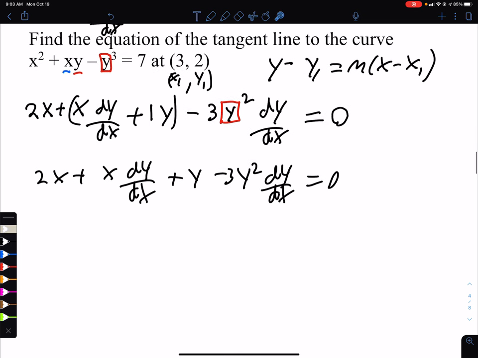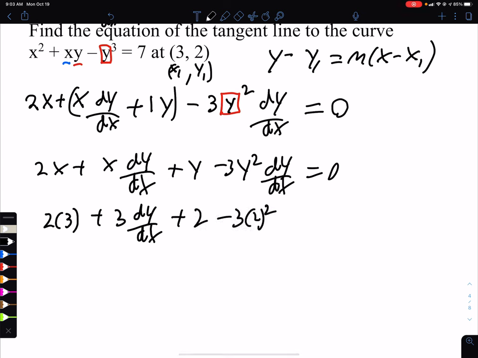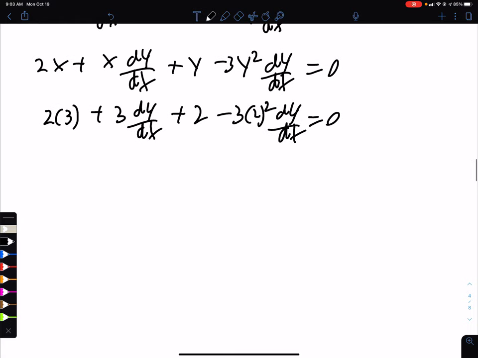And some of you like this better because you have nice numbers to work with. So 2 times 3 plus 3 dy dx plus 2 minus 3 times 2 squared dy dx equals 0. And so if you don't need the actual derivative equation, this is easier to do. I recommend highly doing it this way.